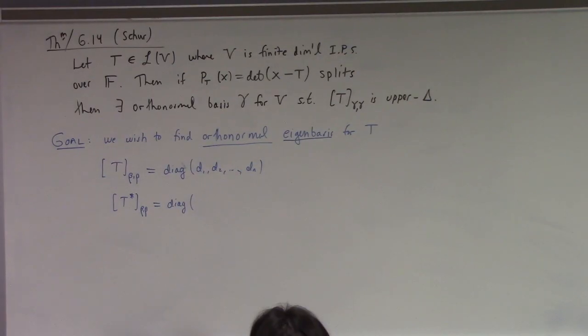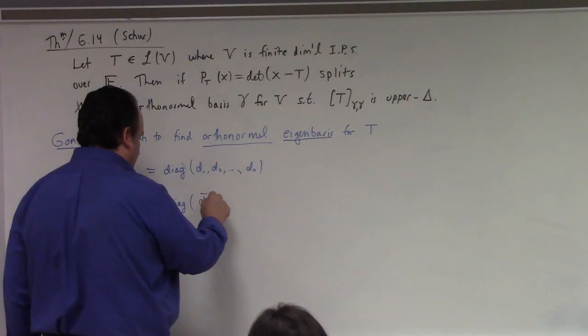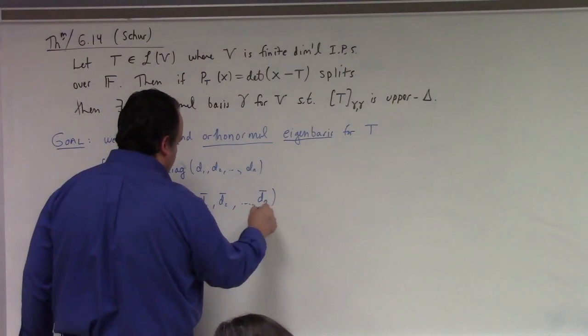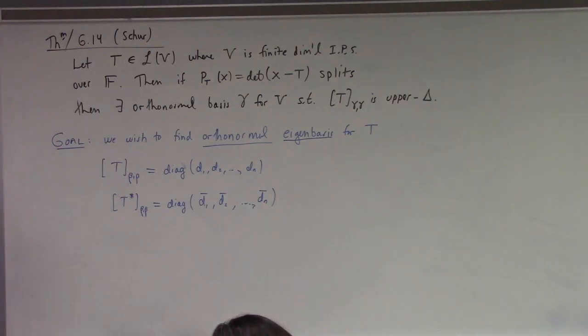Using the theorem we just proved at the start of class, the matrix of the adjoint is the adjoint of the matrix. What's the Hermitian adjoint of a diagonal matrix? Transpose conjugate, right? What happens to transposing a diagonal matrix? Well, nothing. Conjugate will conjugate. So d1 bar, d2 bar, dn bar, right? Whoa, hold the phone here. What's that mean?